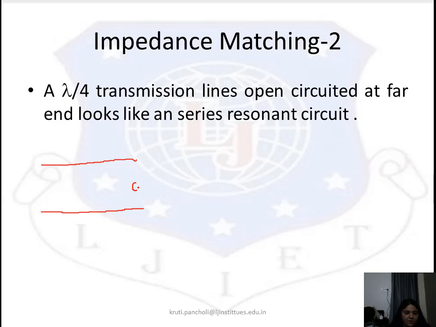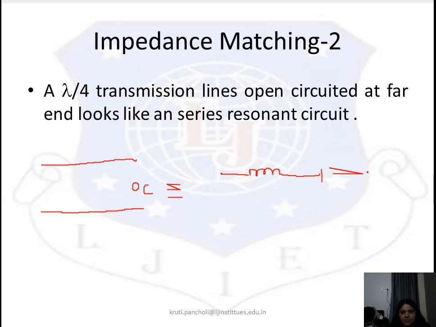So while the lambda by 4 transmission line is open circuited at the far end, it behaves like the series resonance circuit. Series resonance circuit means which consists of the inductance that is in series with the capacitance.